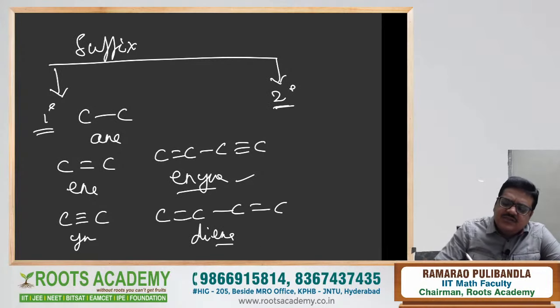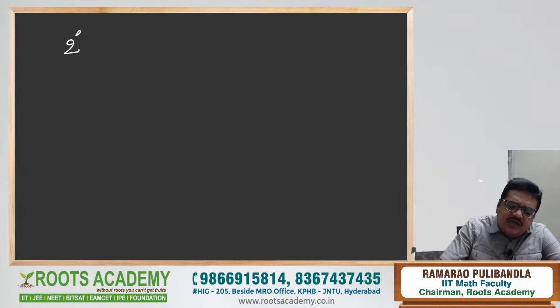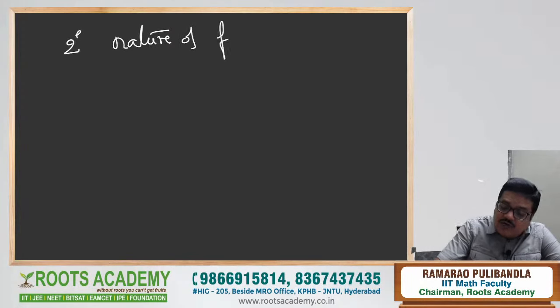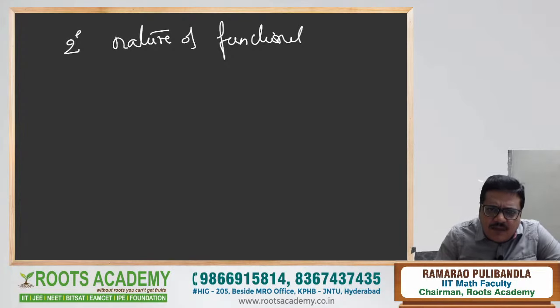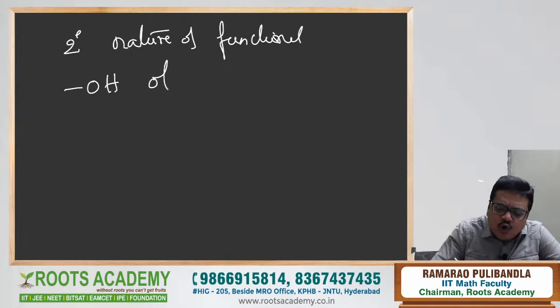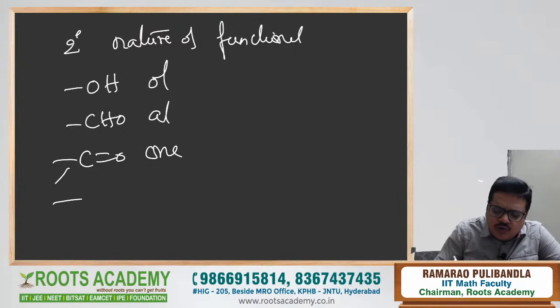Secondary suffix indicates the nature of the functional group. For example, if an OH group is there, ol. CHO is there, al. Double bond O, one.